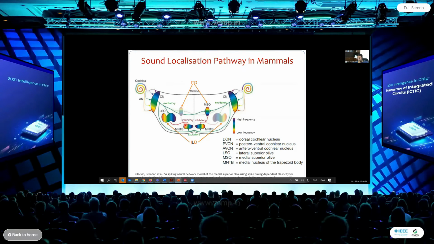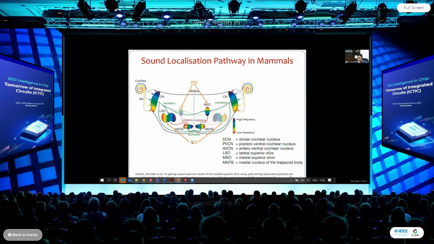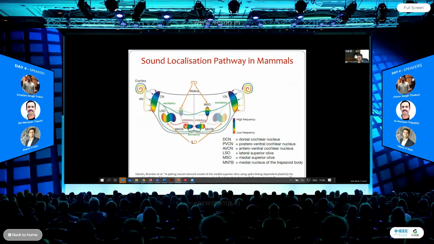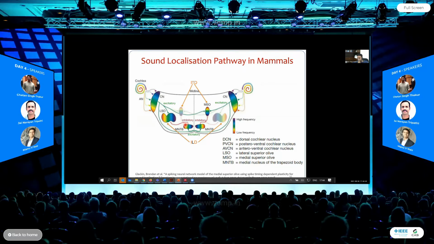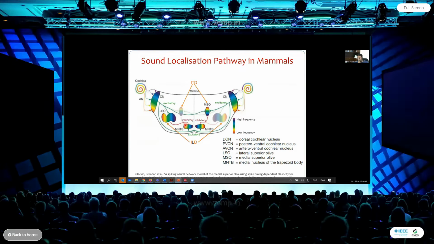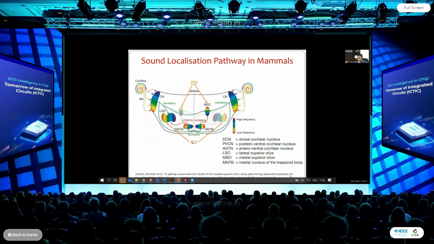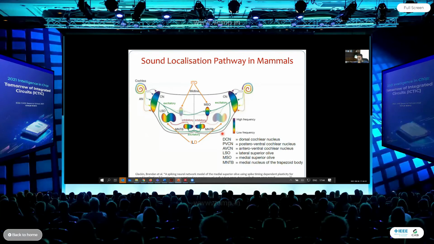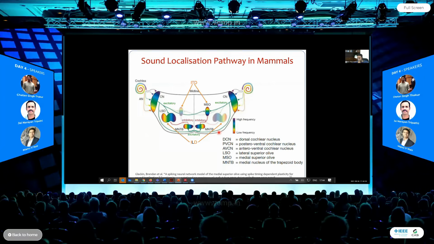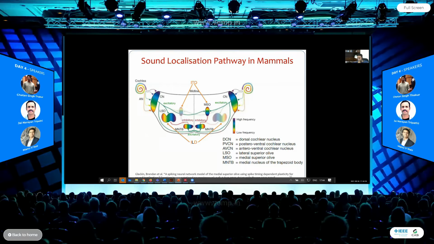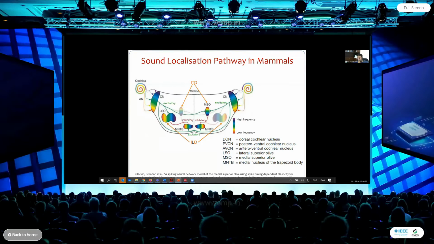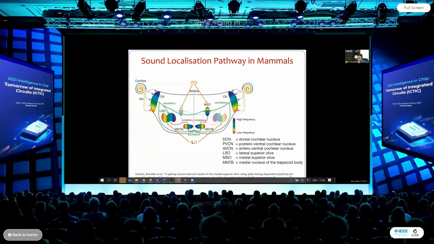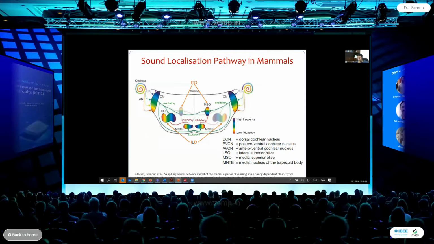Between the two ears we have the head, and because of that, if the sound is coming from the right side, the amplitude will decrease on the left ear, right? So that's what we use as a cue to localize. And this ITD works pretty well if it is below 800 hertz, because the distance between the ears is around 20, 21, or 22 centimeters, right?